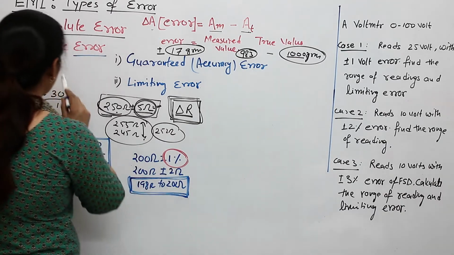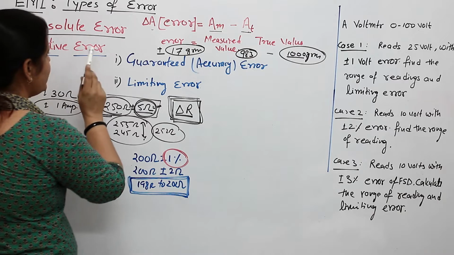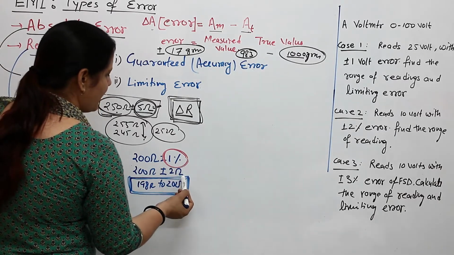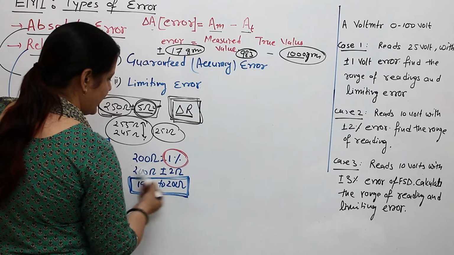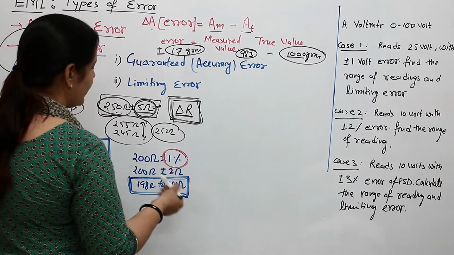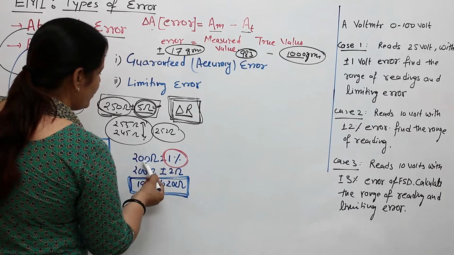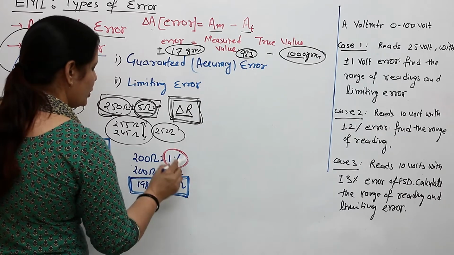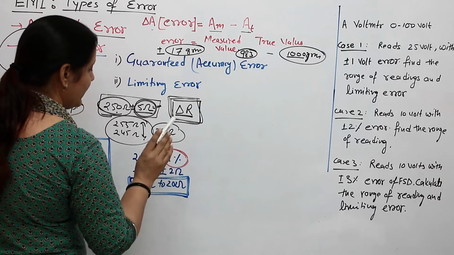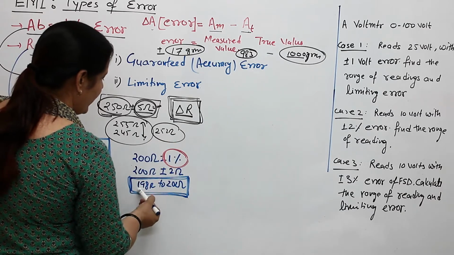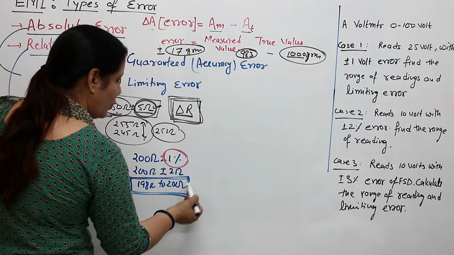So when the relative error is given, first convert it into the absolute error, and after converting it into the absolute error, you can calculate the range of readings or range of true values that possibly occur in the circuit. So 1% of 200 will be 2 ohm, 200 ohm plus minus 2 ohm. So the range of reading will be 198 ohm to 202 ohm.